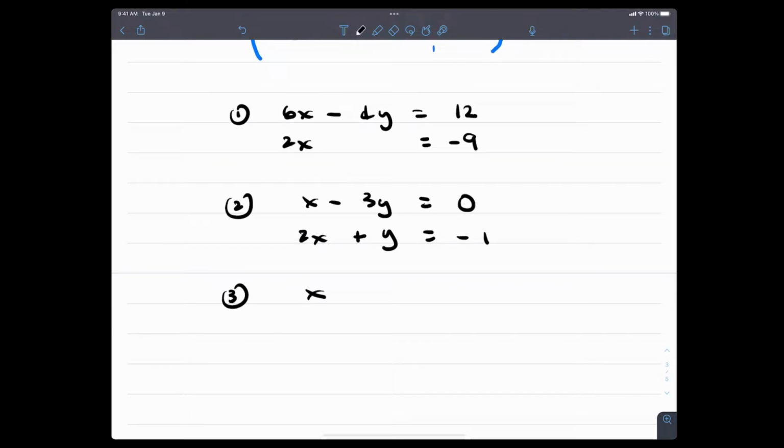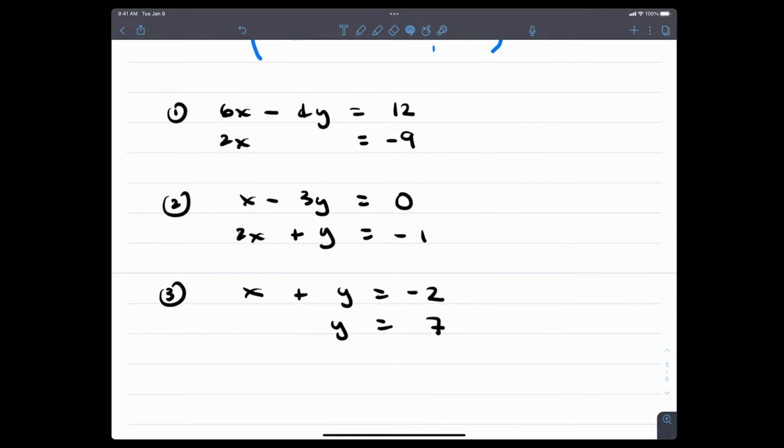Question 3: x plus y is negative 2, and y is 7. What I want you guys to do here is to create your matrix, the coefficient matrix. I'll give you some time to create that coefficient matrix.